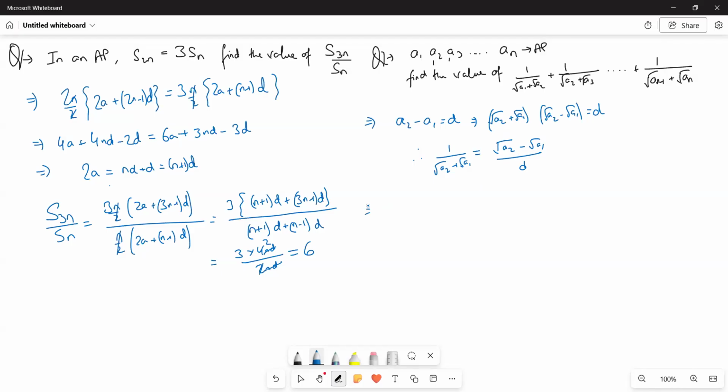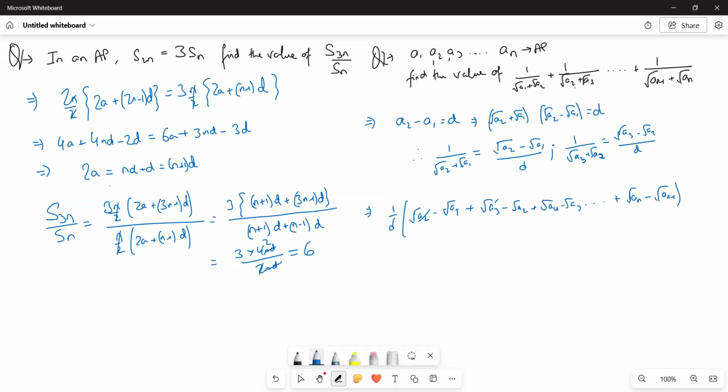Okay. So now we have to find the value of the expression. So the first expression will end up becoming 1 by D taken common, root A2 minus root A1, plus the second term, identically we could say that 1 by root A2 plus root A3 would be root over of A3 minus root A2 divided by D. Okay? So here comes root over of A3 minus root A2 plus root A4 minus root A3 going up till all the way root over of AN minus root over of AN minus 1, which is a telescopic sequence.